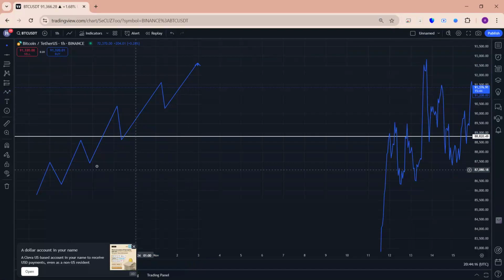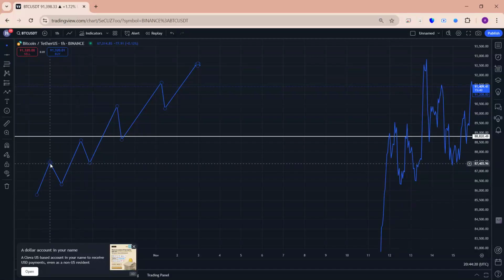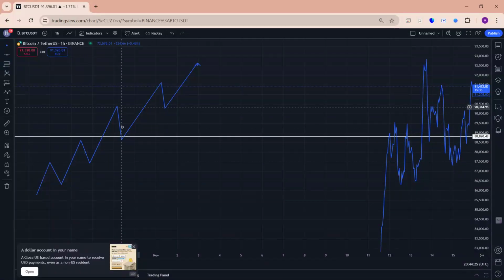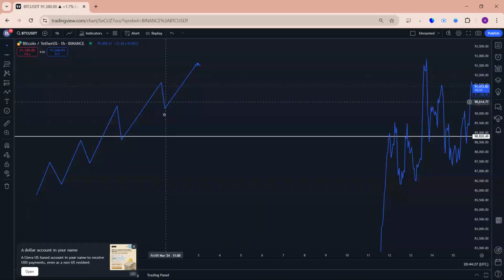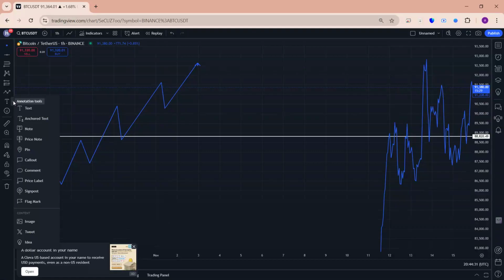I remember that every bullish market is comprised of higher high and higher low. So this is a low, this is a higher high, this is a higher low. I want to make the class as simple as possible. That's what I want to try to do.